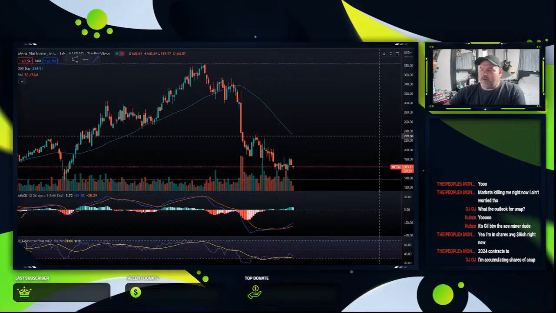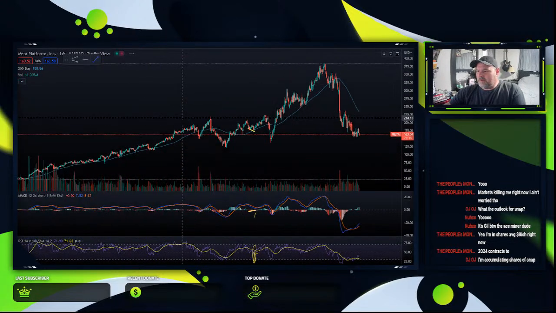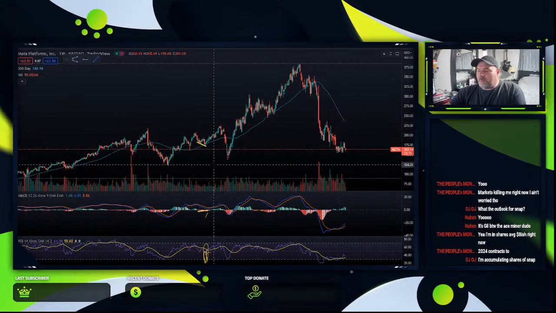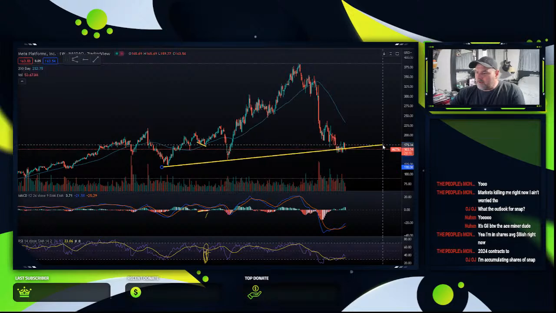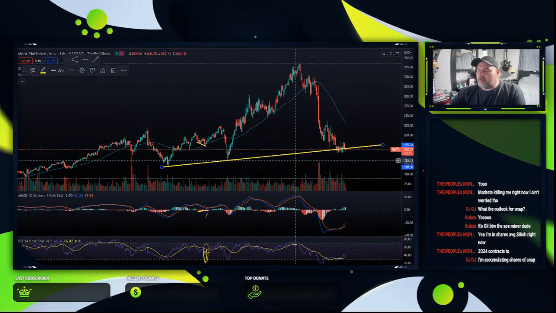Well, speaking of that, let's look at Facebook. Let's see what old Meta's doing. We're in the same boat with Meta. Really is. Higher lows for a minute.